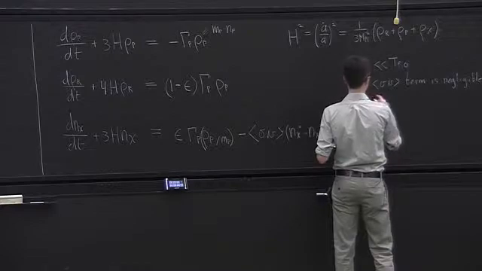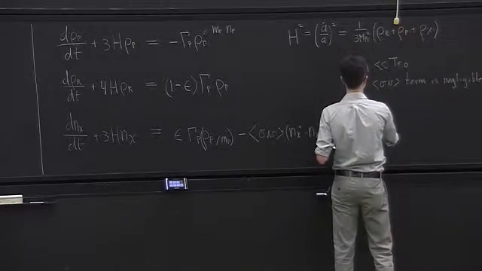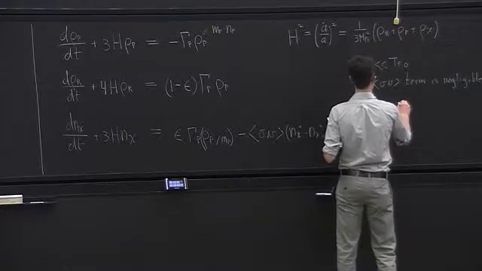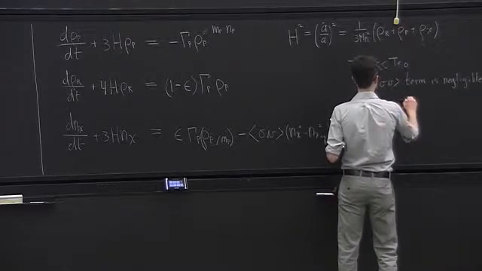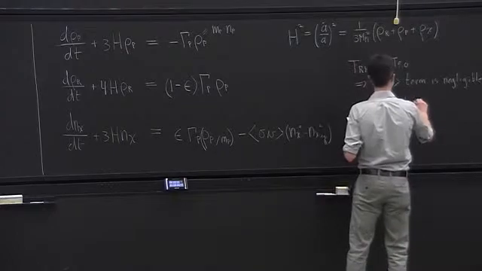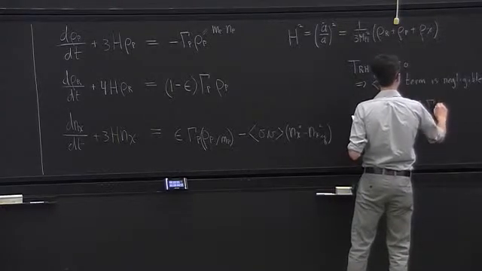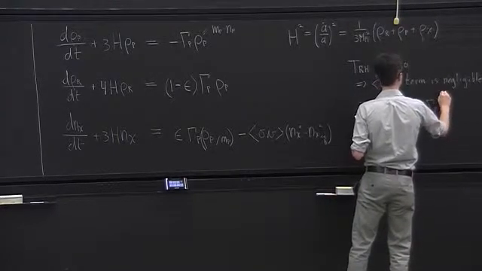First of all, it turns out you can compute the reheating temperature, and you'll do this in the tutorial. The reheating temperature is approximately g_star to the minus 1/4 times m_Planck times the P decay width to the 1/2.